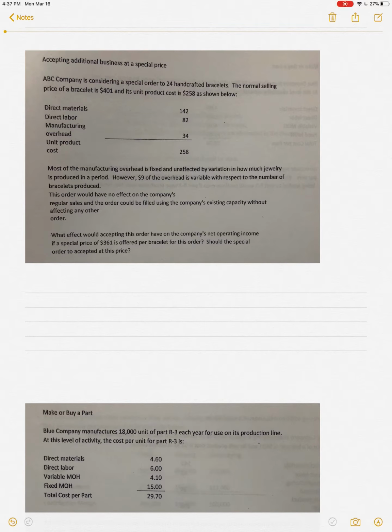So again, we're looking at what costs are relevant versus irrelevant. If here we're talking about bracelets, I have to pull in all of those costs. My direct materials costs are $142. My direct labor we have to pay anyway, that's $82. And then we get to that manufacturing overhead.